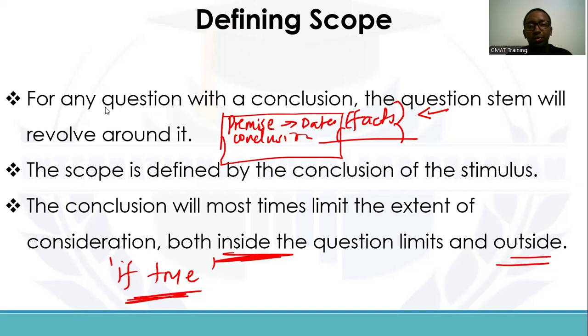So you have to identify if it actually impacts our conclusion or not. Anything outside this "if true" statement, you just assume that you do not know. You limit yourself to this small world of verbal reasoning where nothing else exists. This is what we're calling being limited outside the question limits.